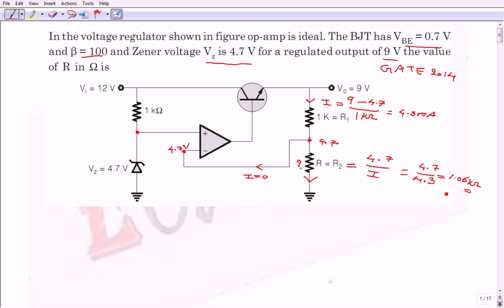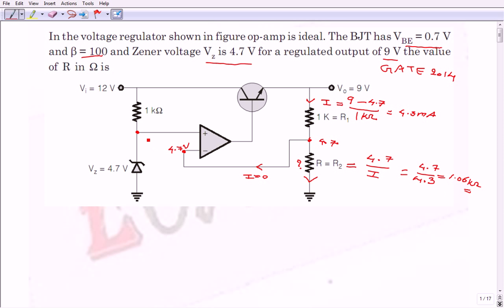This is the answer. The only thing is that the op-amp is given as ideal, so the voltage across the input terminals is the same, that is V plus is equal to V minus, and no biasing currents flow into the input terminals of the op-amp, whether it is practical or ideal.